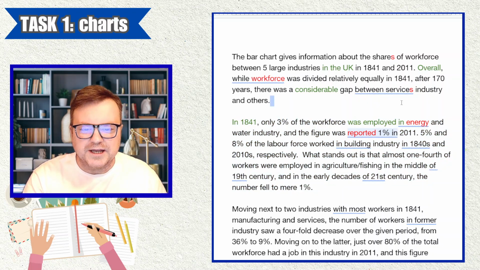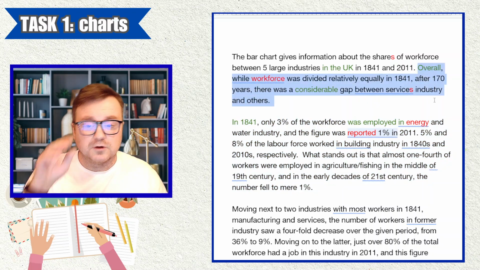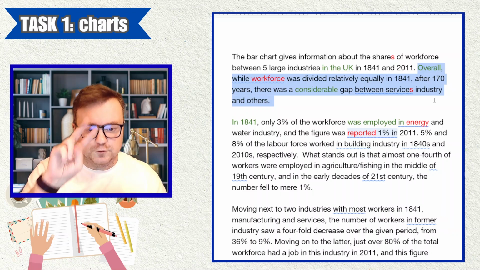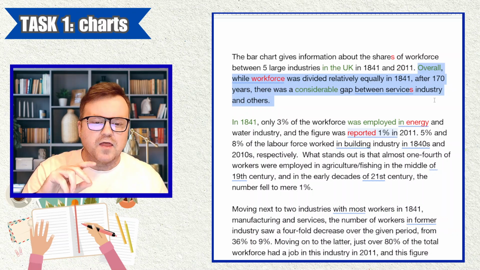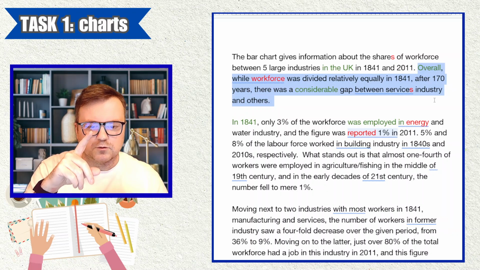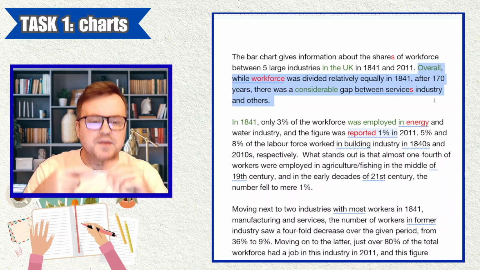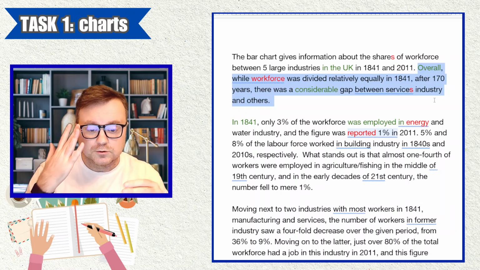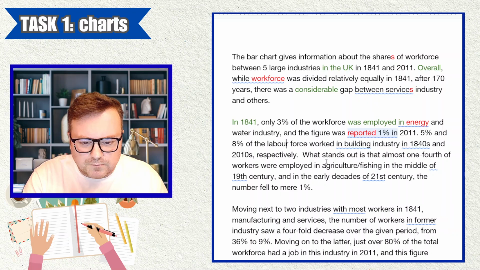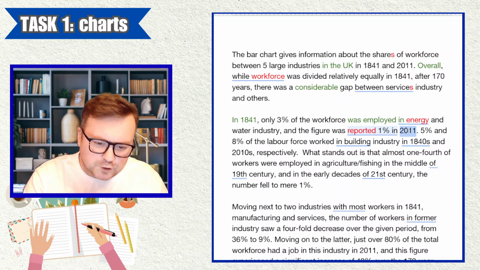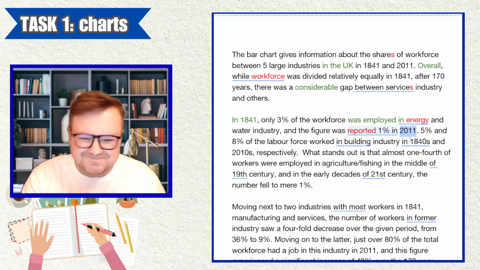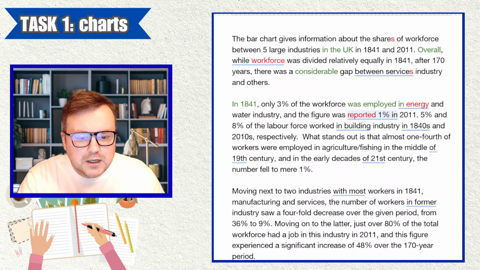Usually in our overview, we want an overview with two key features, and then in body paragraph 1 we want key feature 1, and in body paragraph 2, key feature 2, right? But if you're talking about 2011 here, it doesn't quite match with what you've said is a key feature. But okay, let's keep going.